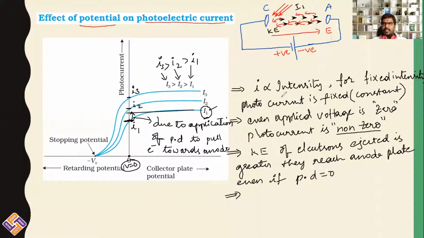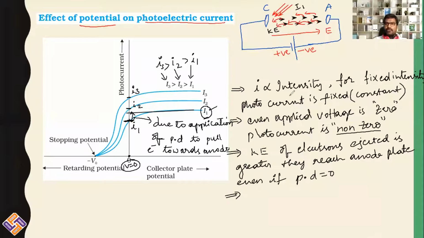Slowly, as you increase the negative potential, the electrons coming towards the anode are forced to move in the opposite direction because of the negative potential. A force acts on those electrons to move them back, so all the electrons coming towards the anode are forced to move in the opposite direction.